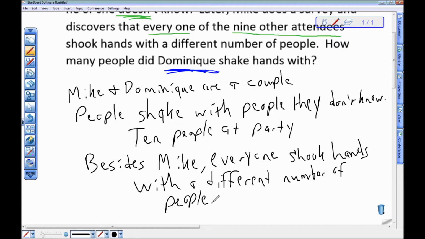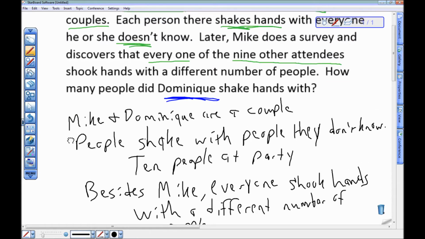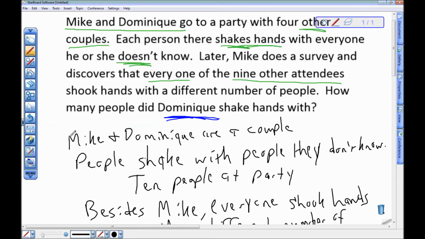From just the statement, I'm not sure who Mike shook hands with or if he shook the same number of hands as someone else, but I know for sure that besides him, every one of the other 9 attendees shook hands with a different number of people.